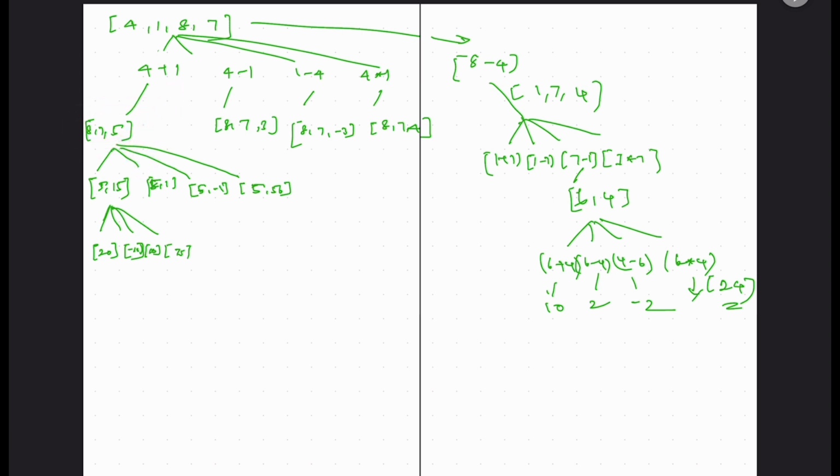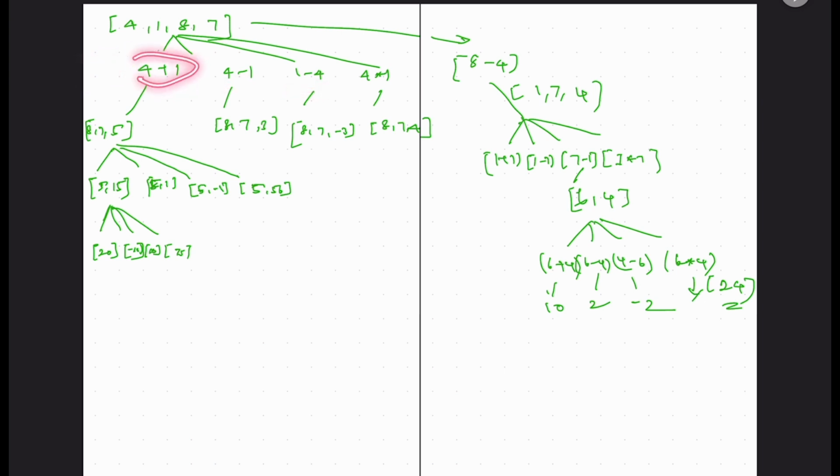This will be treated the same way as the first step. Initially we'll do 4 plus 1, 4 minus 1. These are the different operations that we'll be performing.